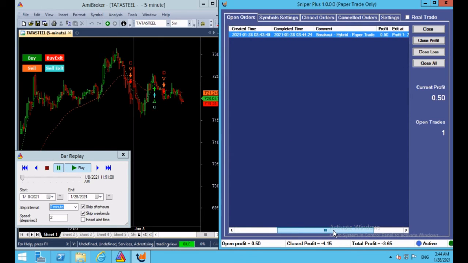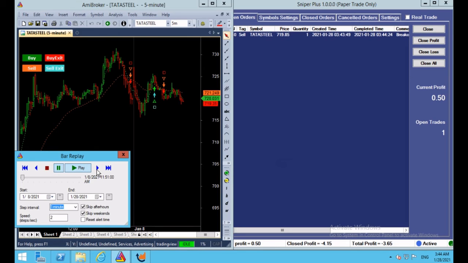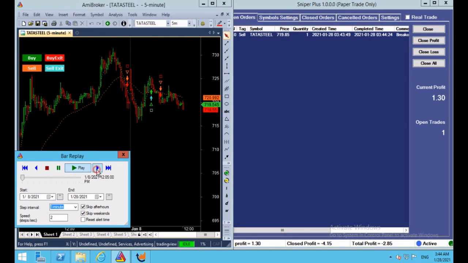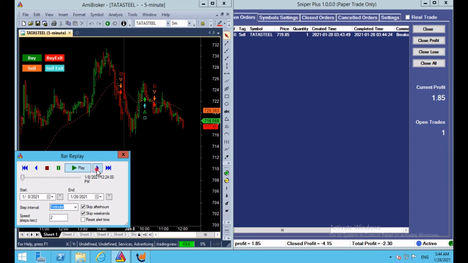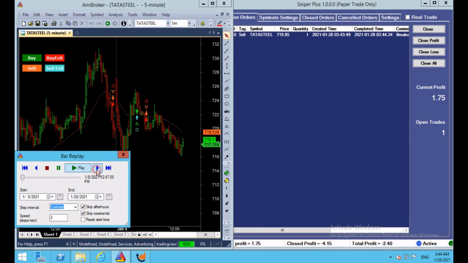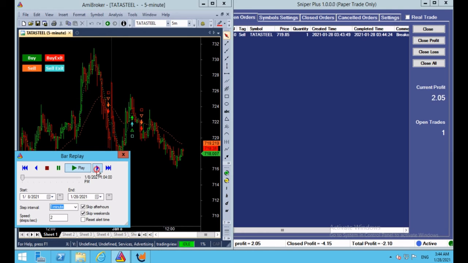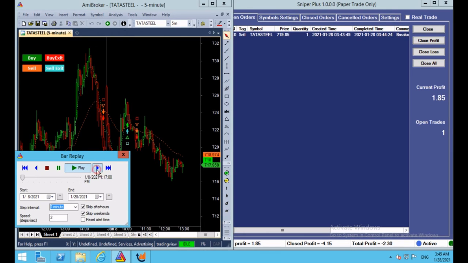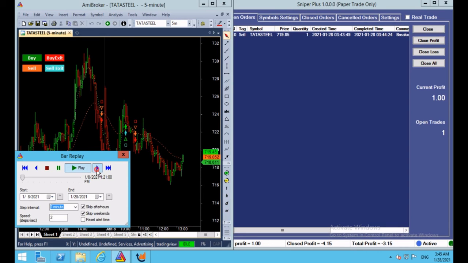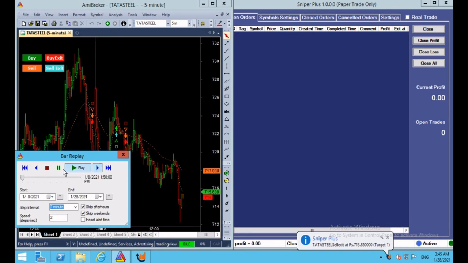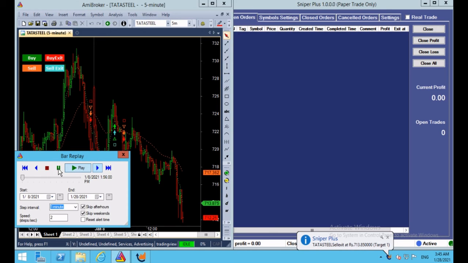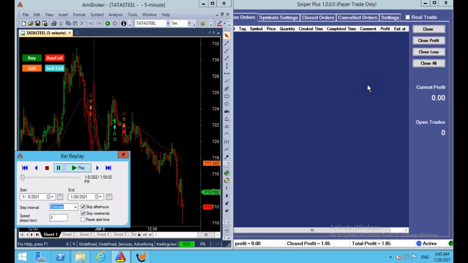We got a sell call again here. So we can see the hybrid mode order has been achieved. The profit and the stop loss are mentioned here. Okay, let's play again. Okay, now the target has been achieved. Target 1 has been achieved now.